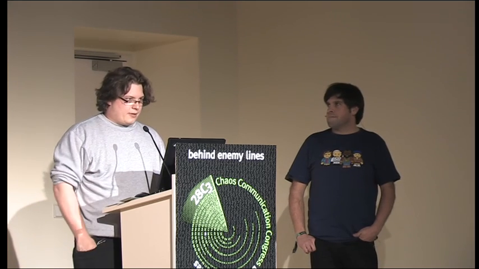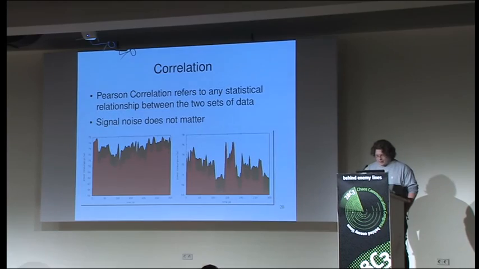Pearson correlation, in short, gives you a value from 1 to -1. For example, 1 when it's a perfect match. The closer you come to 0, the less relationship you have.